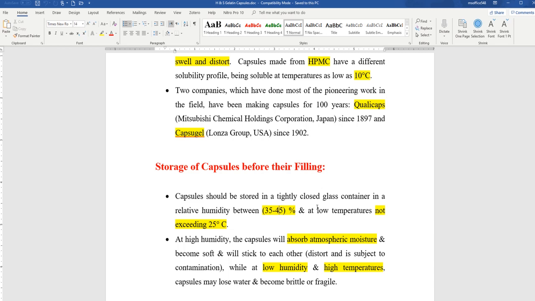What will happen to the capsule shells? Capsule shells will absorb moisture from humidity and become sticky, and also will be liable to contamination by bacteria.